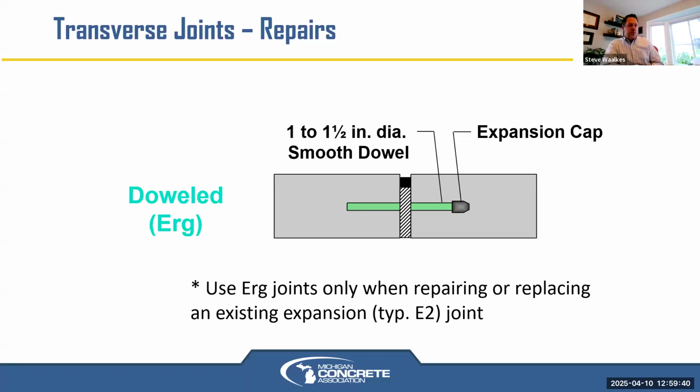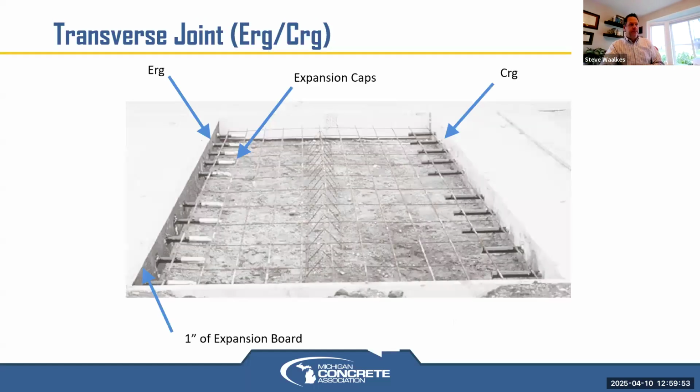Your doweled joint is where you're replacing an existing expansion joint in concrete. You need to account for that expansion in the repair next to it. The repair area, in this case, is the one on the right-hand side, and the expansion cap is going on it. This is back when we still did reinforced repairs. This is an old photo, so take the mesh out of here. The expansion caps are those silver bullets you see on the left.